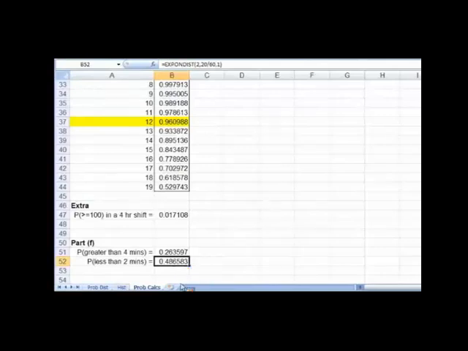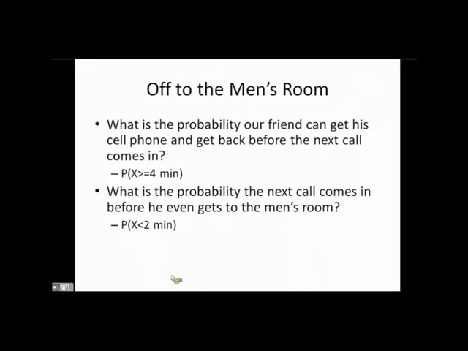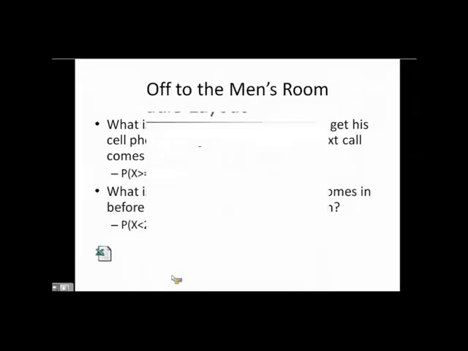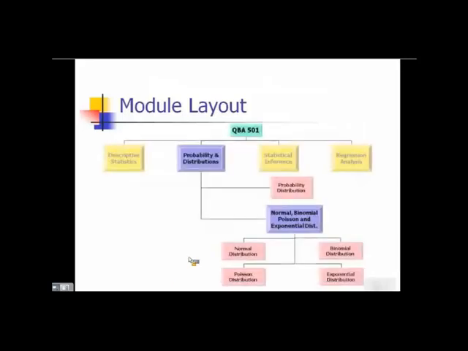Okay, so hopefully that has illustrated pretty well how we would use these two distributions, Poisson and exponential distributions. And again, they're very applicable to situations where we have a certain discrete event occurring with a frequency over some continuous interval.